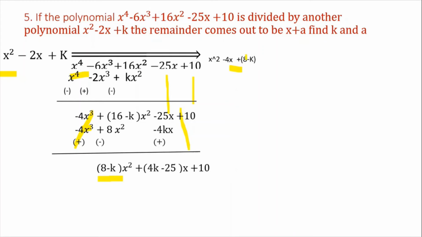Now, if I multiply plus 8 minus k with the whole term, I am getting 8 minus k x squared minus 2 into 8 minus k into x plus k into 8 minus k.